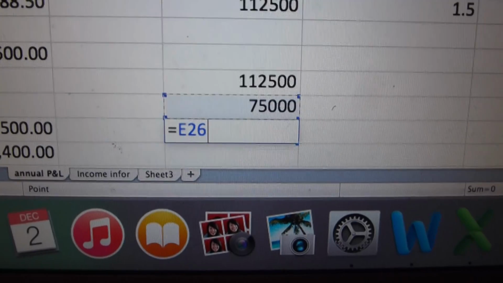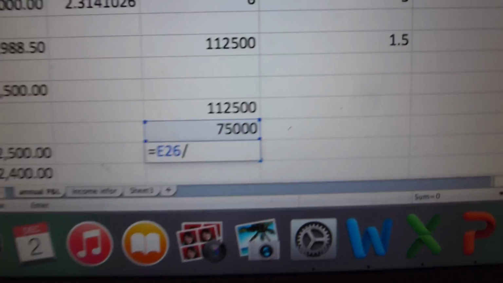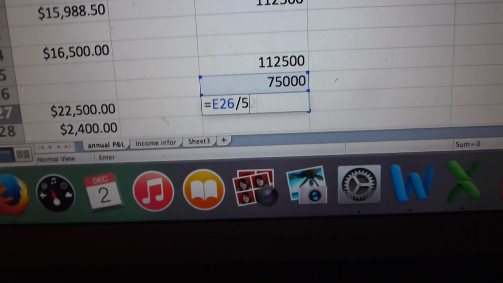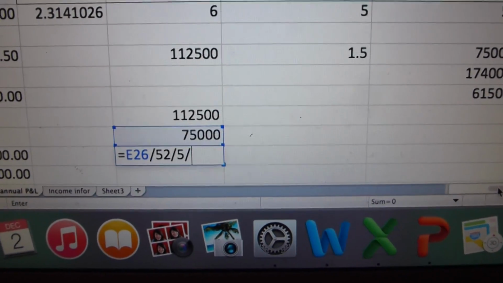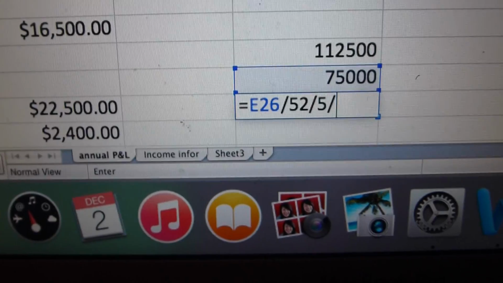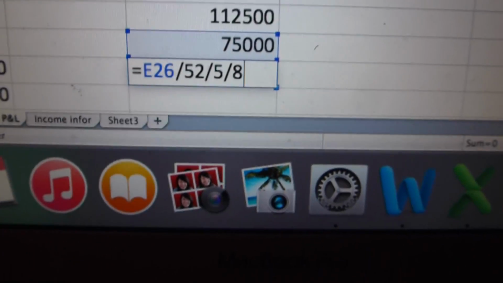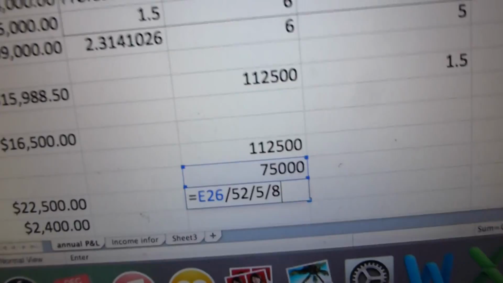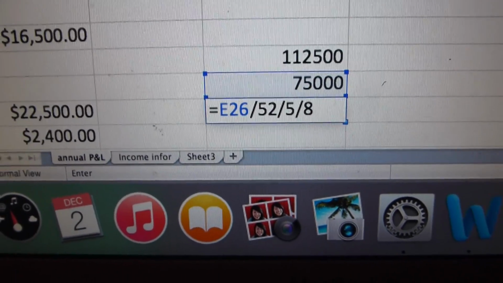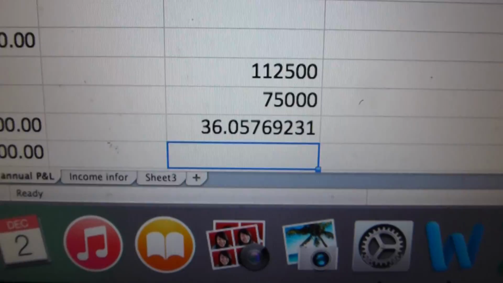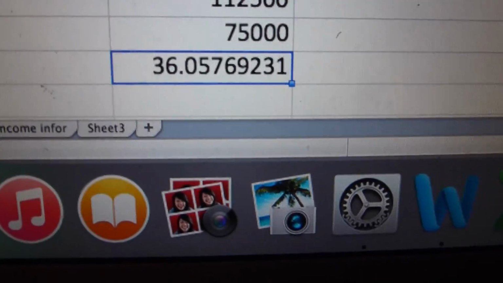So we're going to divide our $75,000 by the 52 weeks at 5 days a week. But this time we're actually going to put 8 hours instead of 6. I can't tell you why. I just know that that's what he wanted us to do. So here's how much you're making hourly.